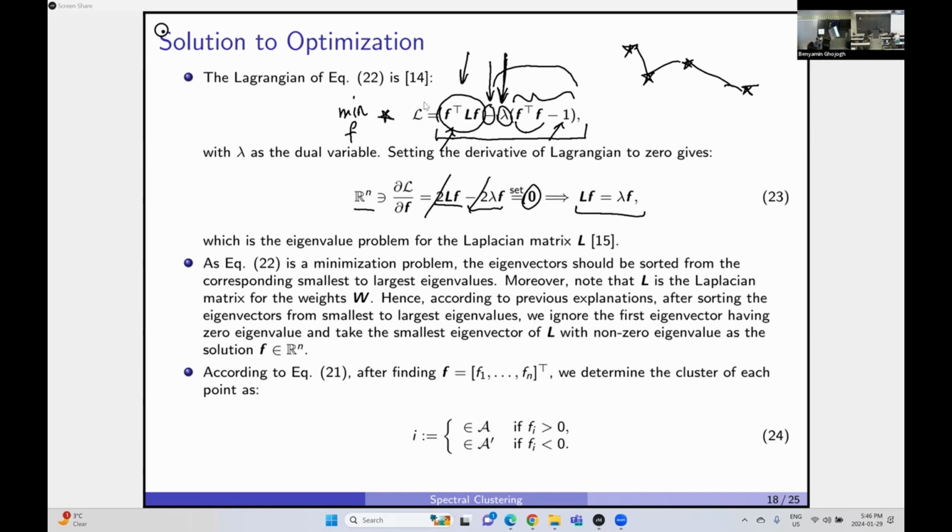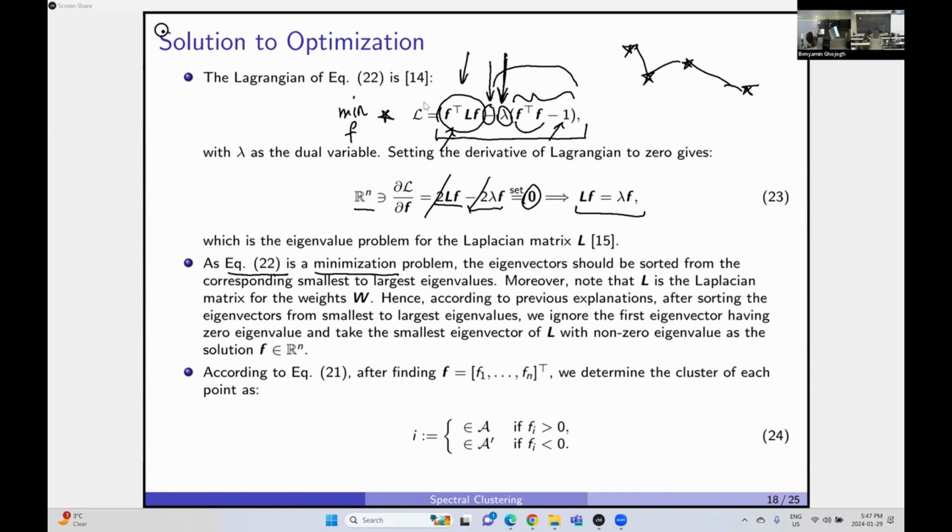So that's how we found it. Equation 22 is a minimization problem, so what should we do? Again, recall preliminaries. In what I teach, preliminaries are the most important part of the course, because I refer to them a lot.